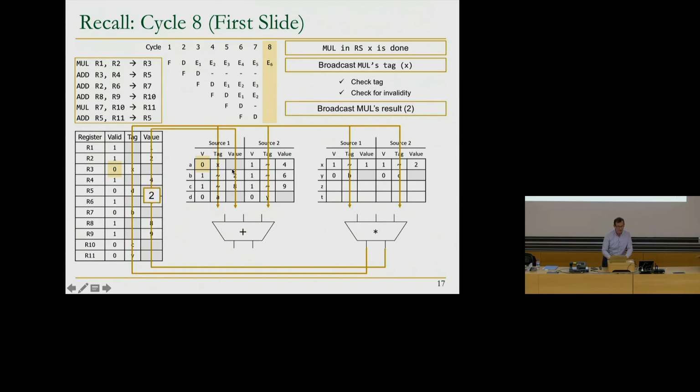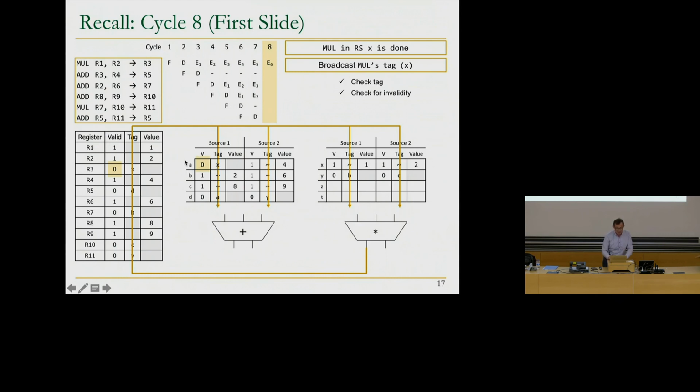So the value gets also broadcast, and these capture the value such that they become valid, and the value becomes stored over here. There are two things that are waiting for tag X over here: R3 in the register file, and also the first source of this instruction in reservation station A for the add reservation station.